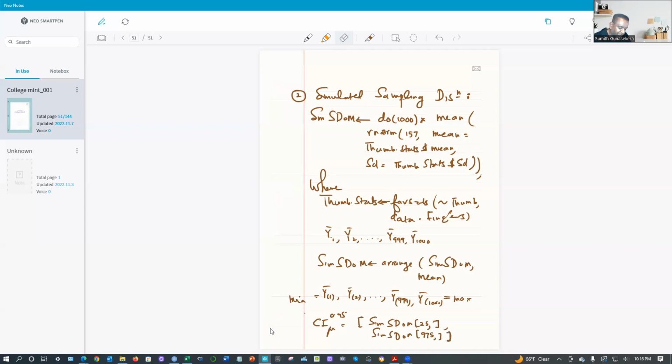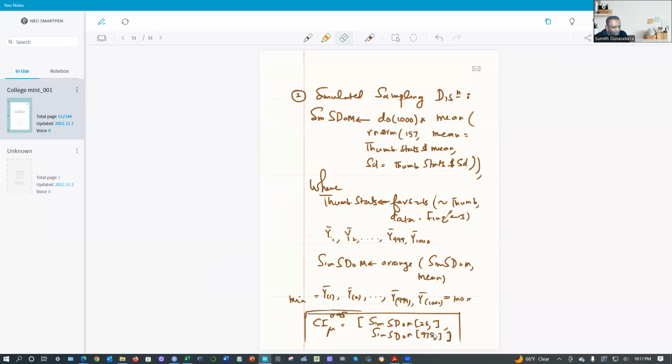That's how you get the 0.95. You are confident that your population mean will be contained 95 times if you can construct 100 of them. If it is 1000, how many will contain it? 950. 950 of the y bars will contain it.